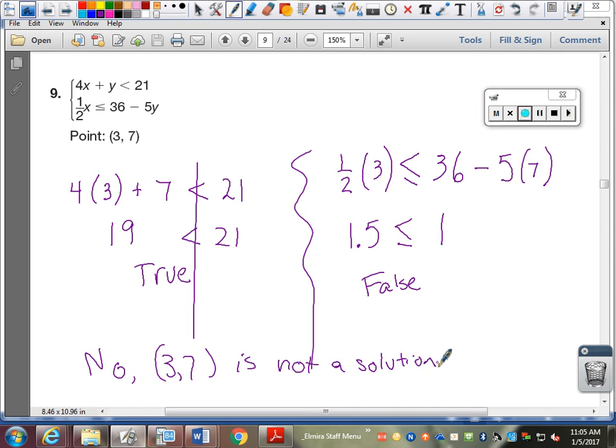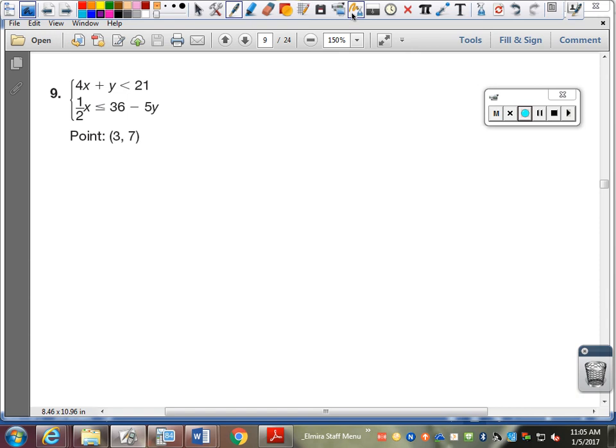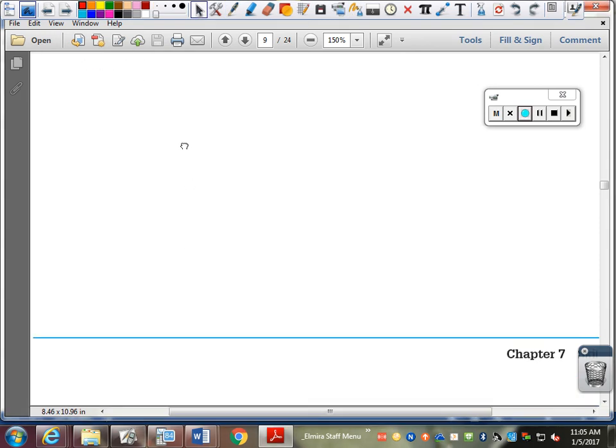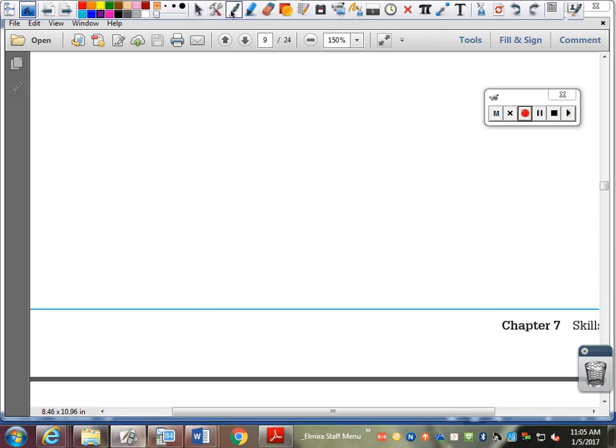Now, be careful, because I'm going to talk about this generically here. If I get something like 10 is less than or equal to 10, or 10 is less than 10, where the numbers match, sometimes that's allowed and sometimes that's not.